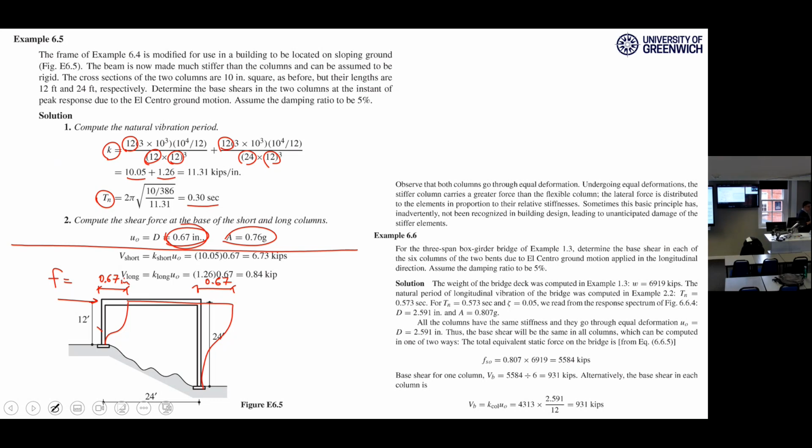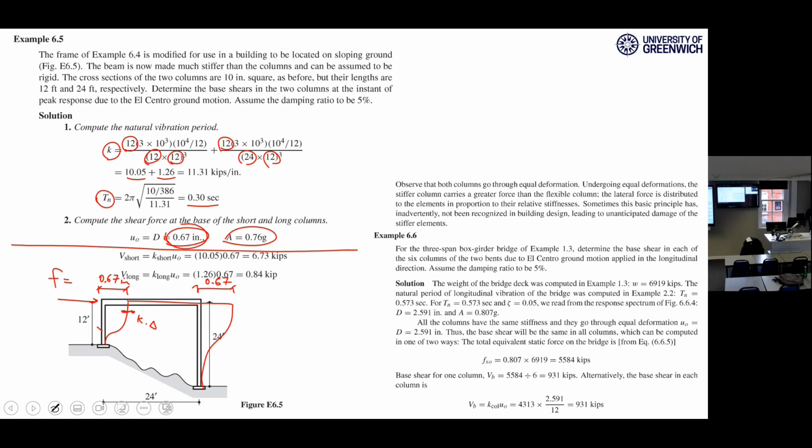When I know the deformation of a column and I know the stiffness of that column, the force inside this column is the stiffness multiplied by the deformation.